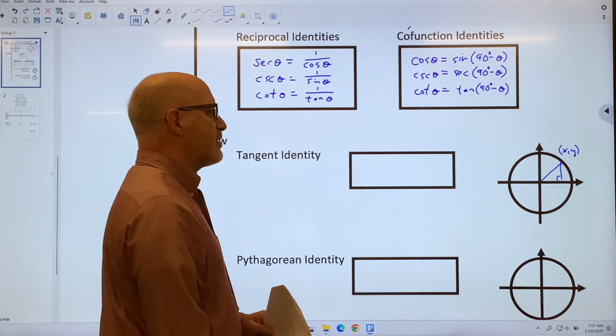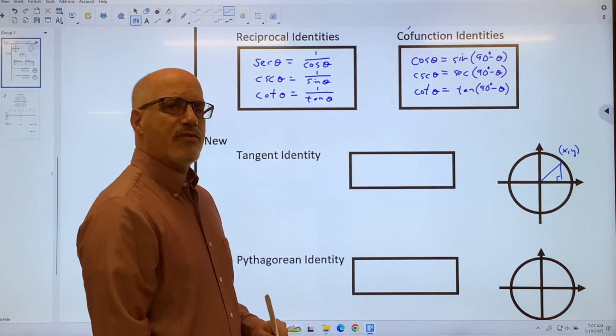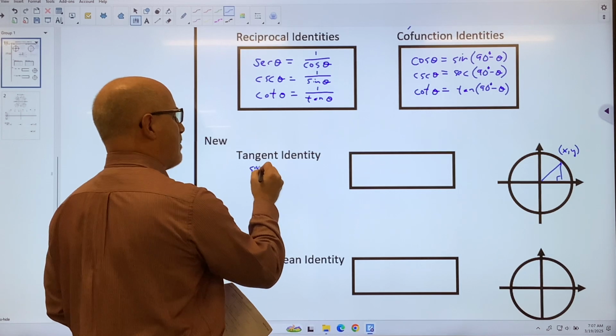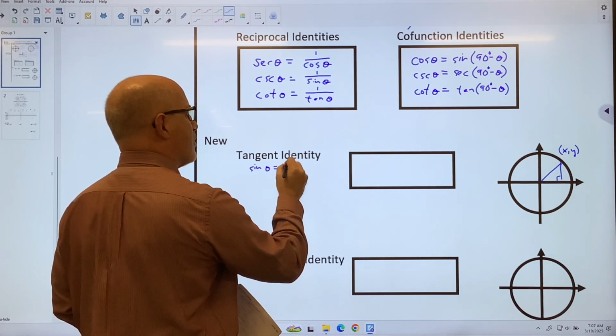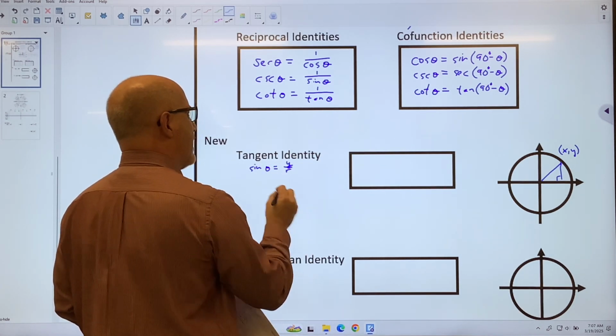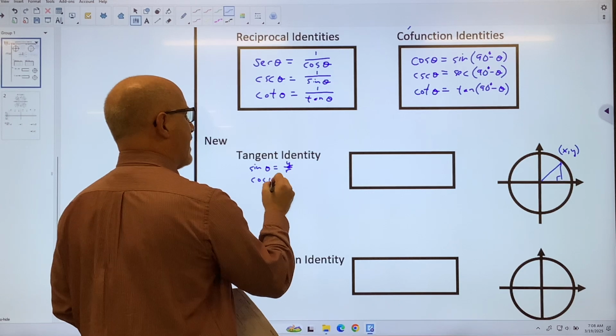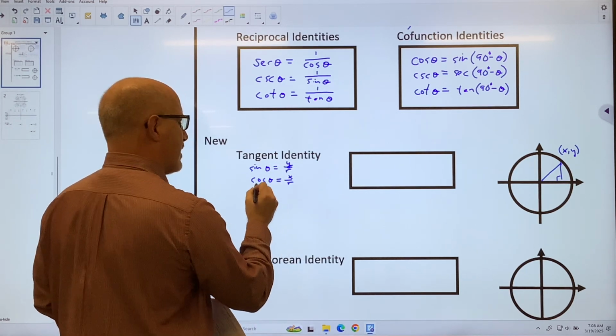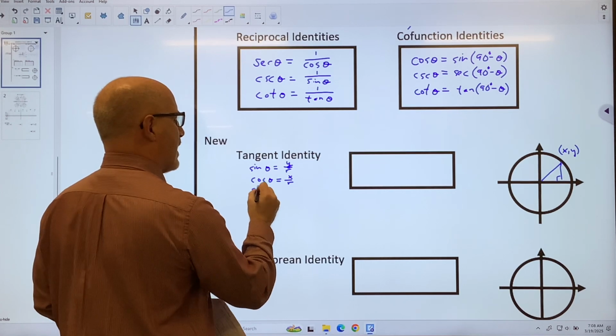The tangent identity comes from the fact that sine theta is equal to y over r, and cosine of theta is equal to x over r. Now, what if we put sine over cosine?